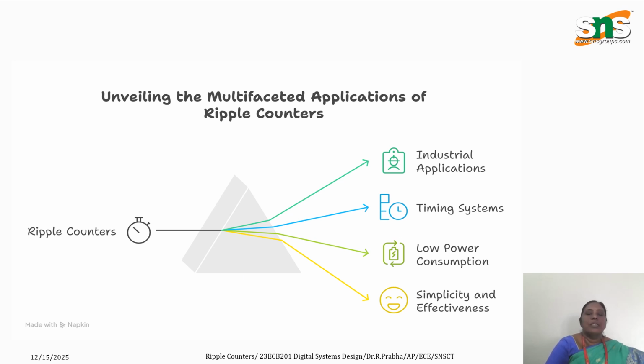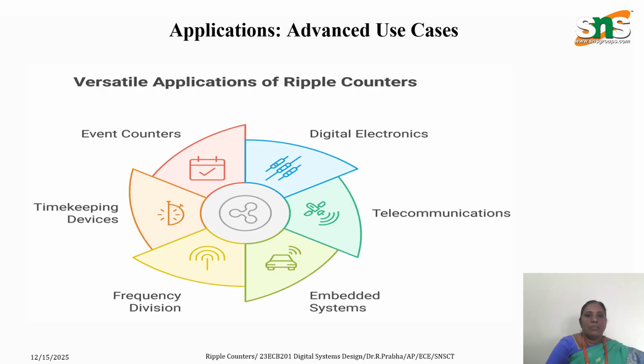And there are multifaceted applications of ripple counters. They are useful in industrial applications, timing systems, and low power consumption. It's one of the advantages because of the simplest circuit, and it has simplicity and effectiveness. Since the ripple counter converts the timing pulses into readable digital values, it will be useful in timing systems.